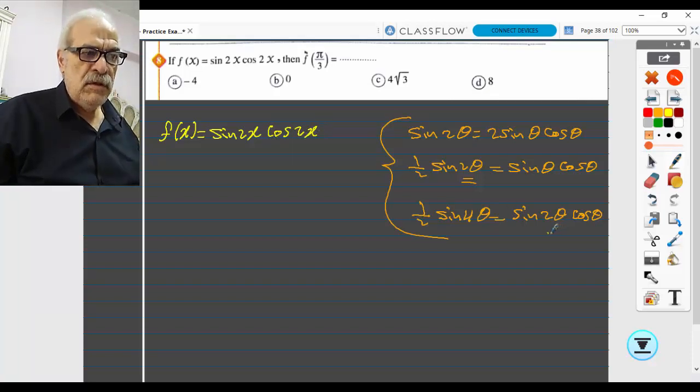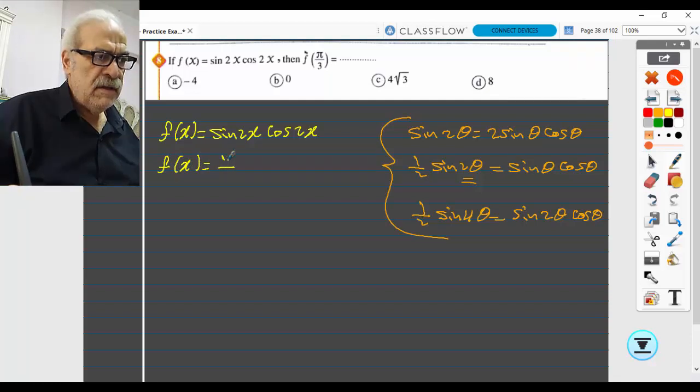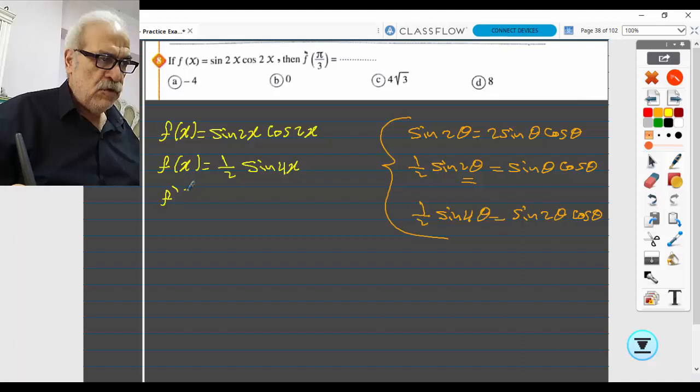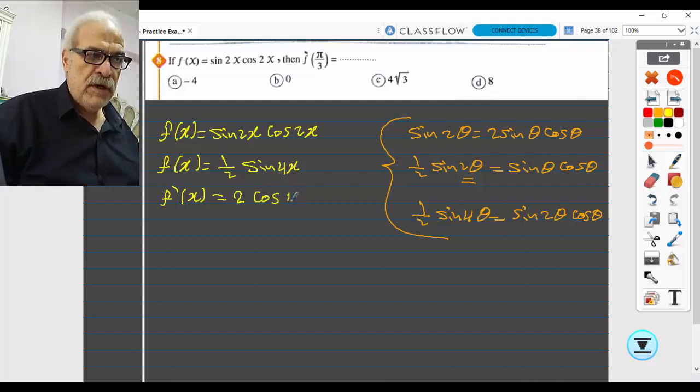So applying this rule, we can say that f of x equals half sine 4x, and f dash of x equals 4 multiply half, equals 2 cosine 4x, and the f double dash of x equals 4 multiply 2 equals 8.